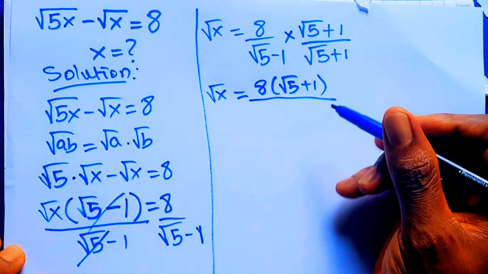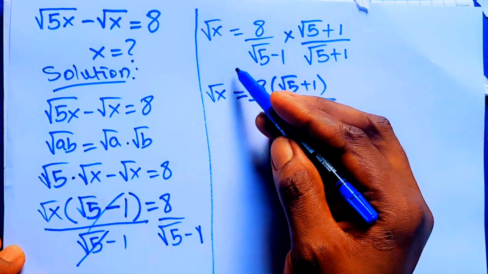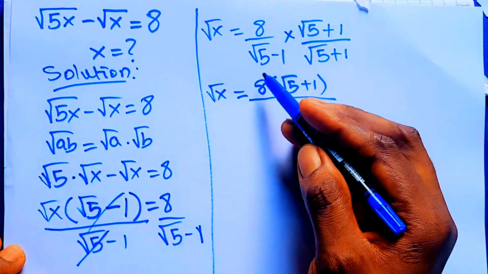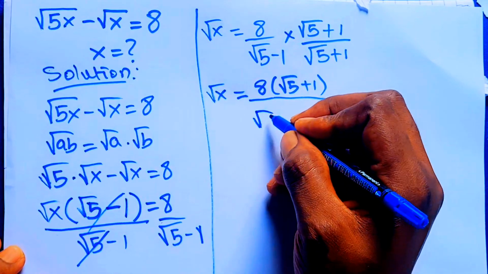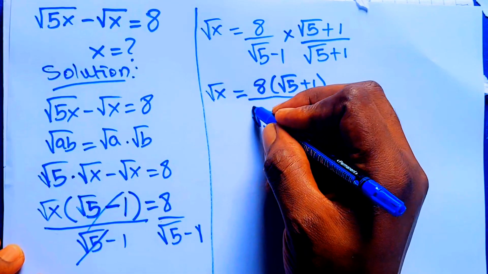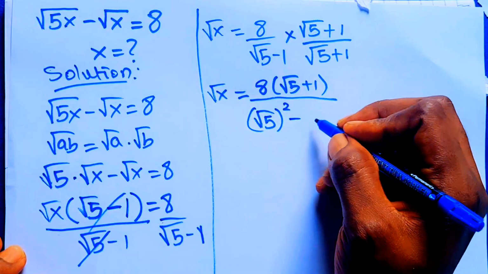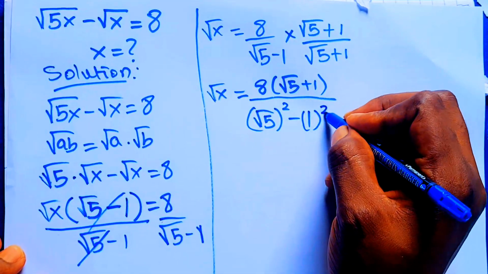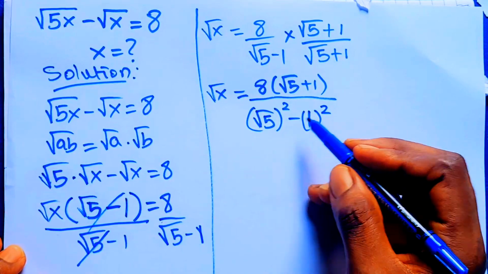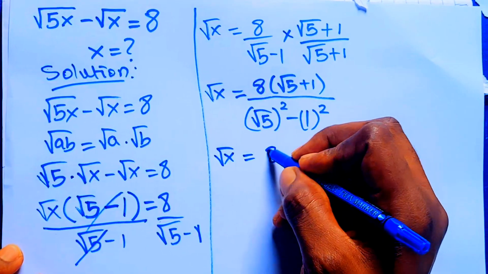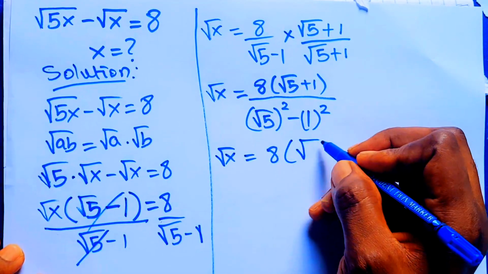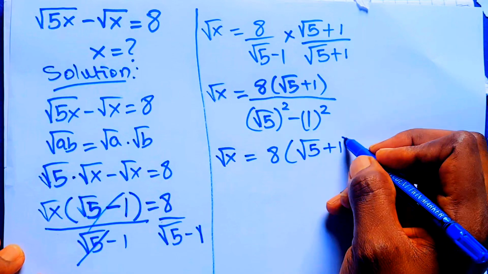Now divide by, looking at this denominator, the two denominators here, we have a common difference of two squares, okay? So it simply means that we are going to have square root of 5, okay, all squared, then minus 1 squared, okay? This is difference of two squares. So from here, we have square root of x to be equal to 8, open parenthesis, square root of 5 plus 1.